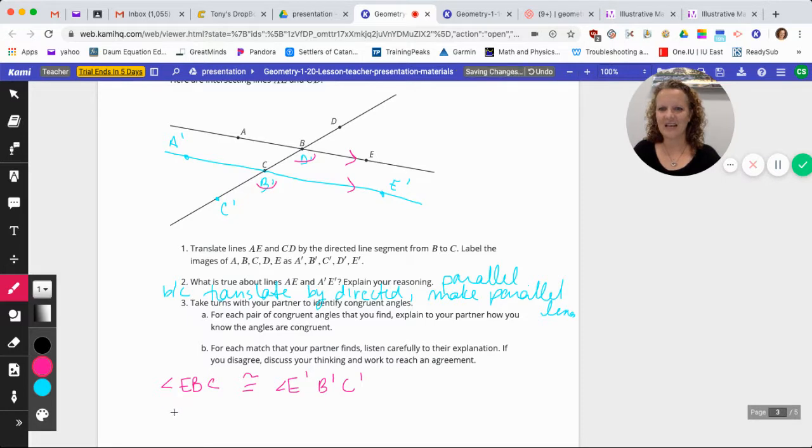I can also say angle ABC is congruent to A prime B prime C prime, because I just did a translation. So that would be this one.